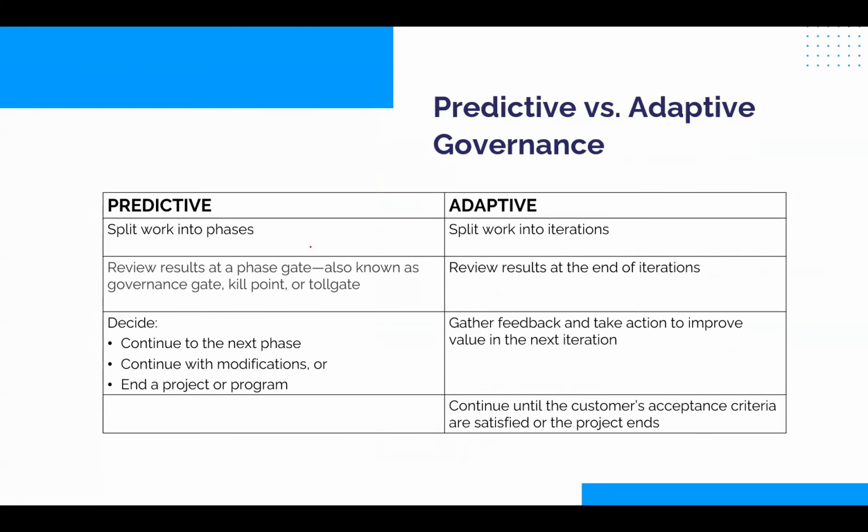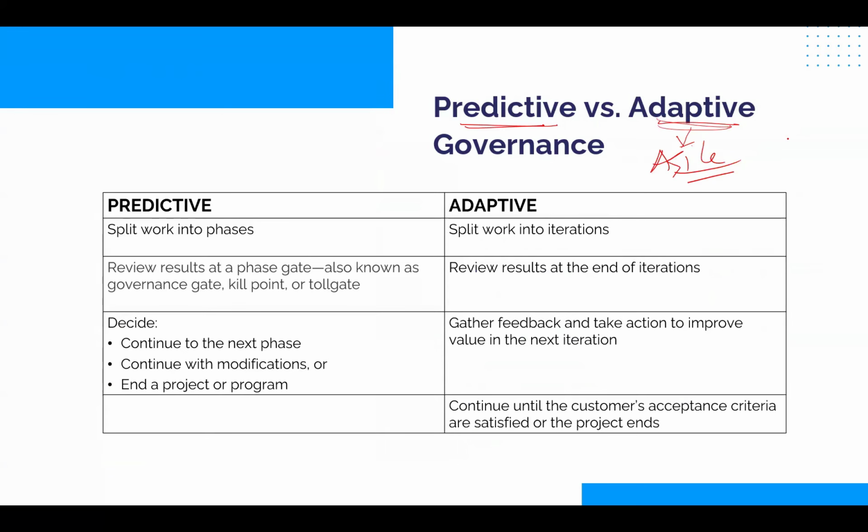Okay, looks good. Take a look at this slide now. This slide talks about how governance would be a bit different when it is predictive versus adaptive or agile. I keep it simple, ladies and gentlemen. When we see the word adaptive, we can plainly read it as agile.